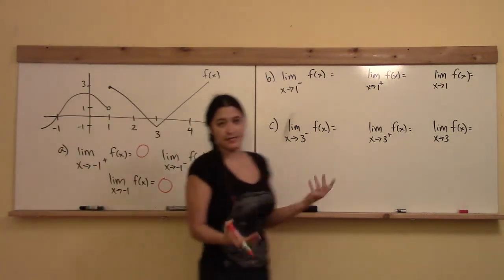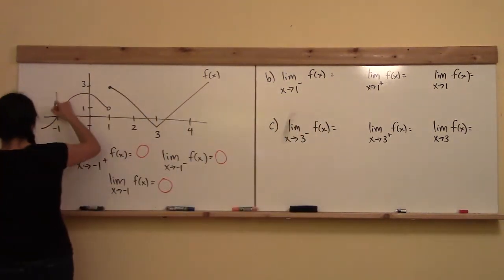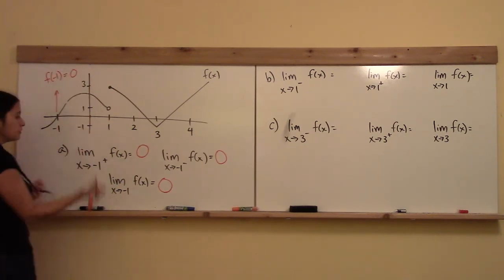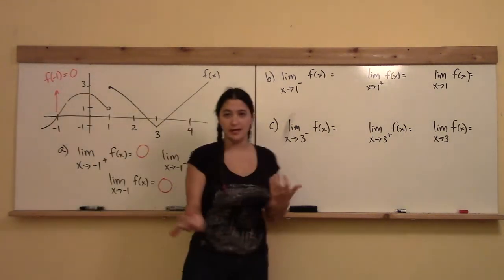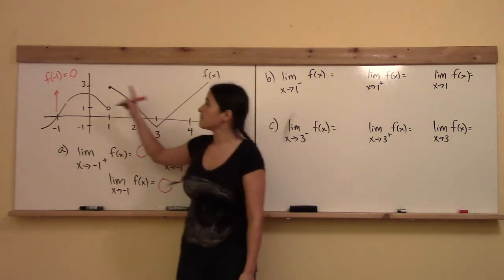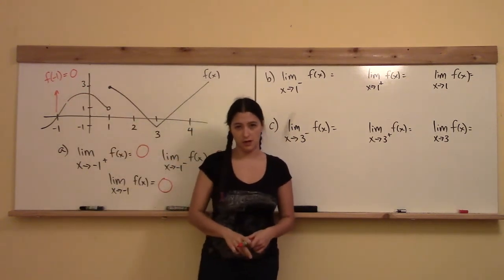Okay, and that kind of makes sense, and it actually turns out nicely enough. It turns out that for this function right here, f of minus 1 is equal to 0. Okay, so it turns out that the limit of f of x as x approaches minus 1 is equal to the function value f of minus 1. They're both equal to 0.